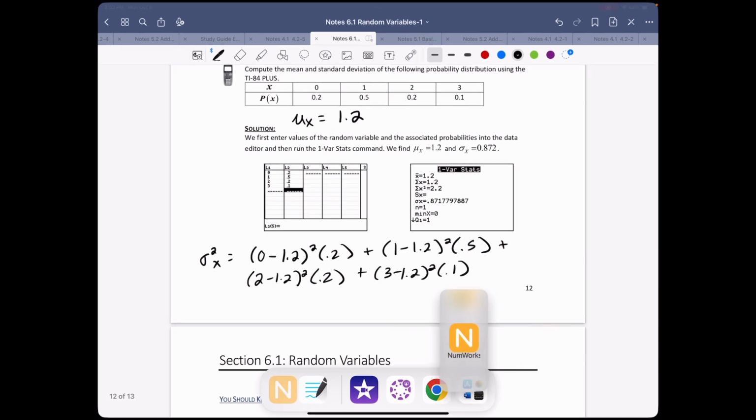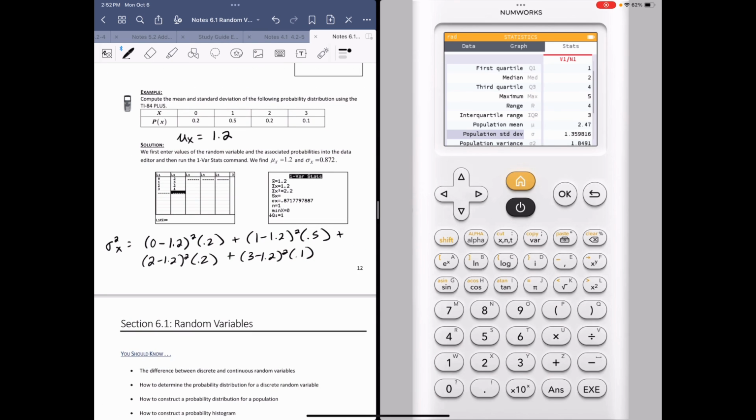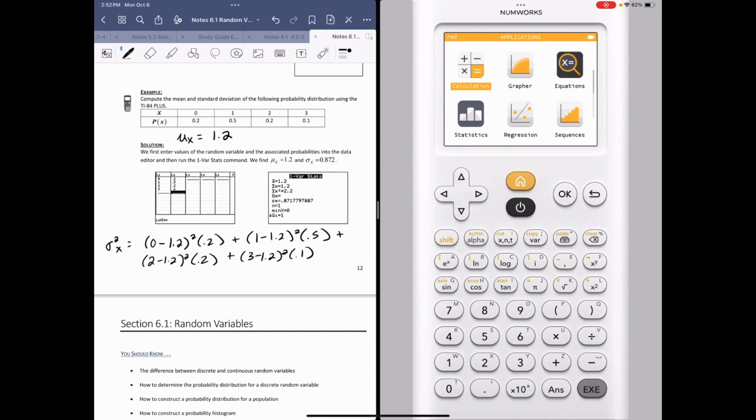I'm going to tell you that this is not an easy thing to type on the calculator. So I want you to do the best that you can, but if you don't get it typed in correctly, that is fine. All right, so here's how I'm going to type it. I'm going to type 0 minus 1.2 squared times 0.2. And then I'm typing it just like it's written. 1 minus 1.2 squared times 0.5.